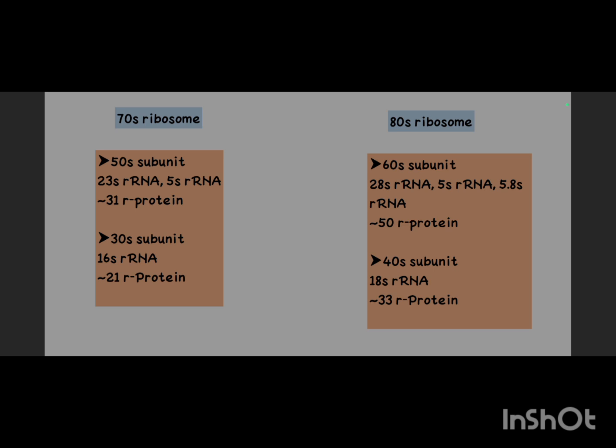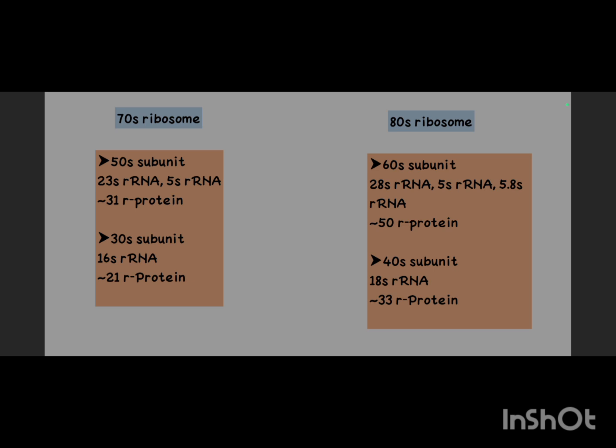So now you can see here that the 50S subunit is composed of 23S rRNA, 5S rRNA and 31 proteins. And the 30S subunit is composed of 16S rRNA only and 21 ribosomal proteins. On the other hand, you can see the 60S subunit is composed of 28S rRNA, 5S rRNA and 5.8S rRNA, and the 40S subunit is composed of 18S rRNA.